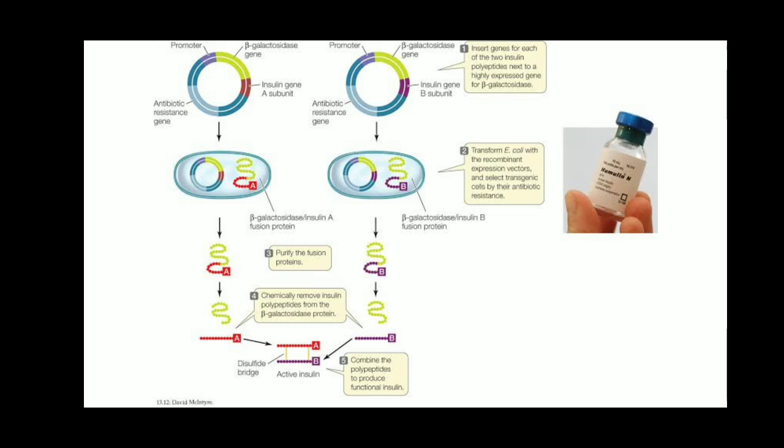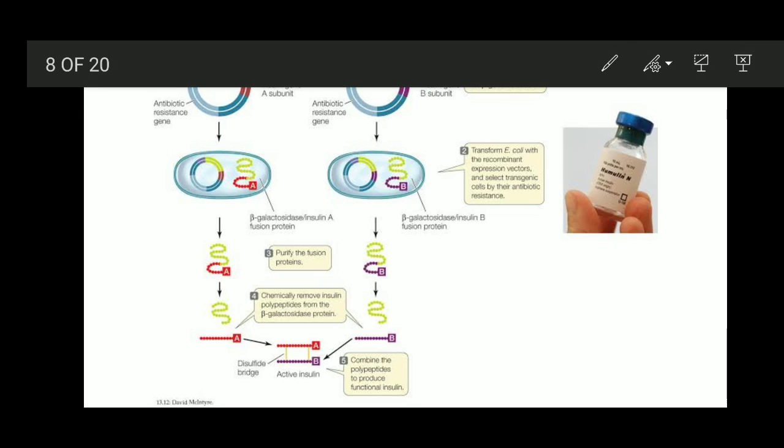You can see there is a promoter gene present. Okay, you have a vector here. The left hand side diagram shows chain A, and the right hand side diagram shows chain B. Right, students?